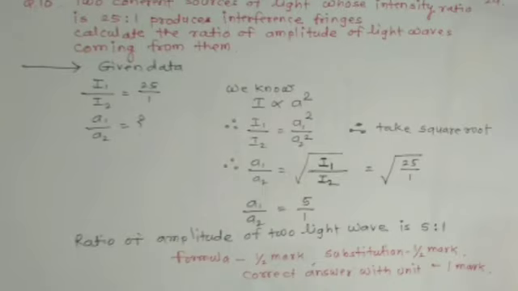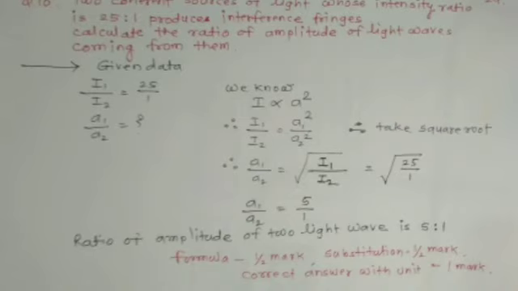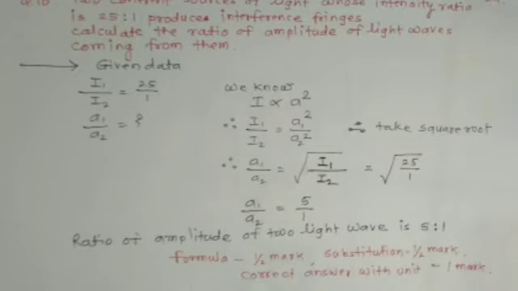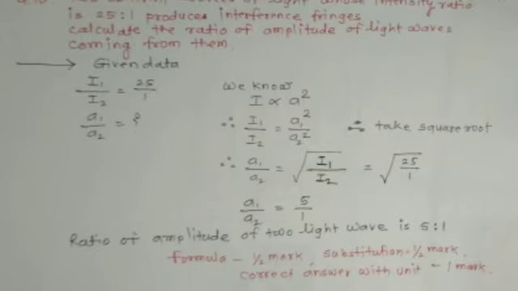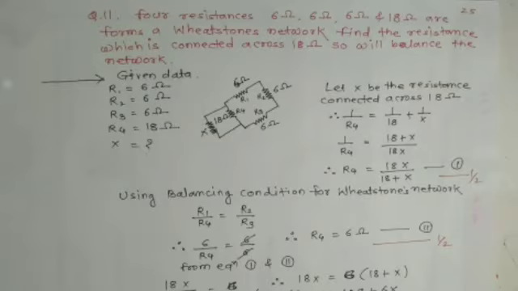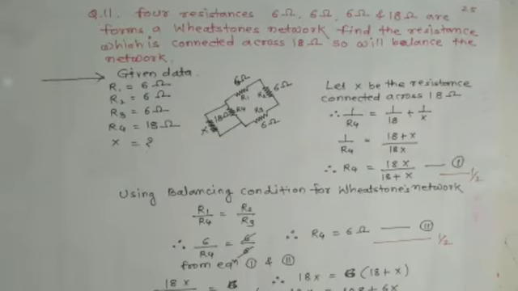So, the ratio of amplitude of the two light waves is 5:1. Formula gets half mark, substitution gets half mark, and the correct answer gets 1 mark. Another numerical based question, question number 11.